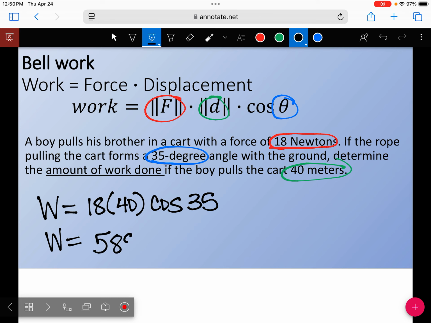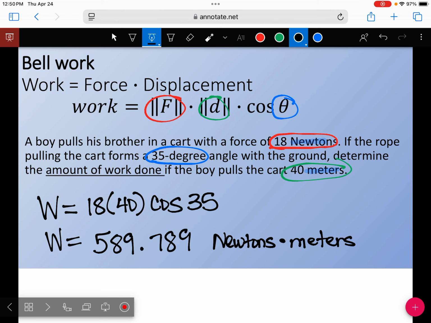So it would be 589.789. And then your unit is whatever unit we use for force and distance. So it would be newtons meters. That would be my newtons times meters. I'm not picky at all about the unit though.